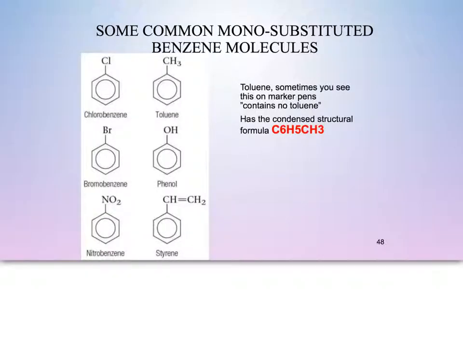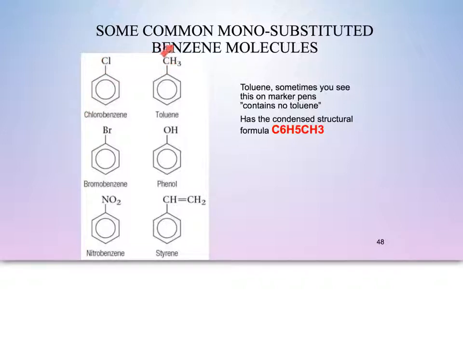So once benzene has a functional group attached to it, it is no longer a benzene, but it becomes a different chemical substance. And so on this page, I have some common monosubstituted benzene molecules. So if we have a chlorine added to a benzene, we call that chlorobenzene.